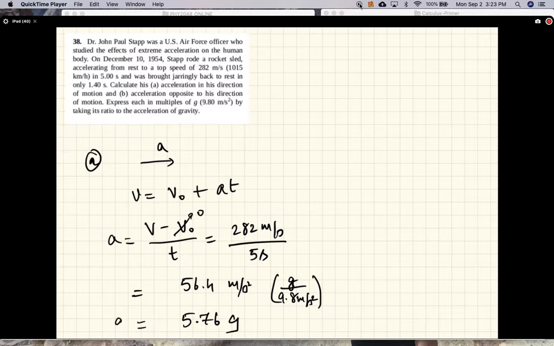That's 5.76 g. So what this means is when he was being accelerated, the force on him was 5.8 times his body weight, so roughly 6 times his body weight. The seat was pushing him forward with a force equal to 6 times his body weight.